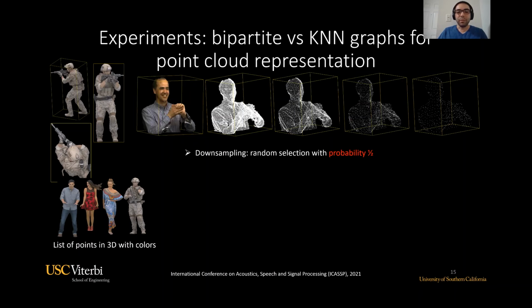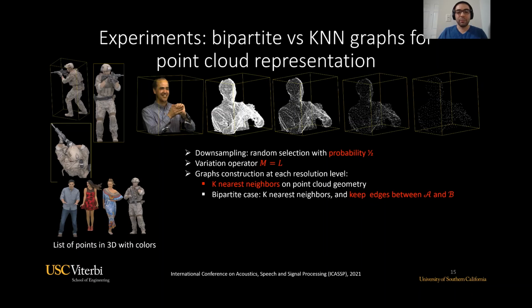For downsampling, we just use random selection of points with probability 1/2. As variation operator, we consider the combinatorial Laplacian, and then we compare two types of graphs. One is just k-nearest neighbors based on the point cloud geometry, and the other is taking the k-nearest neighbor graph and only keeping the edges going from A to B.